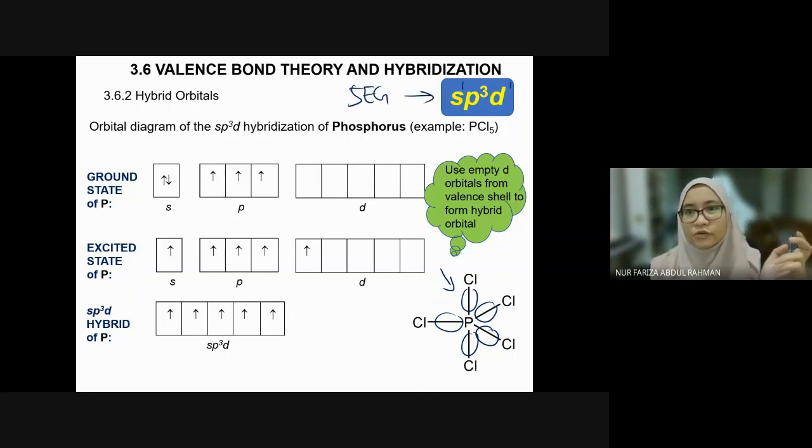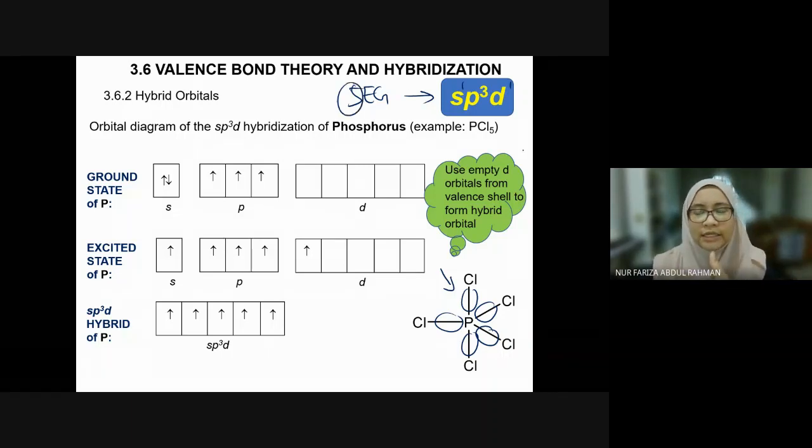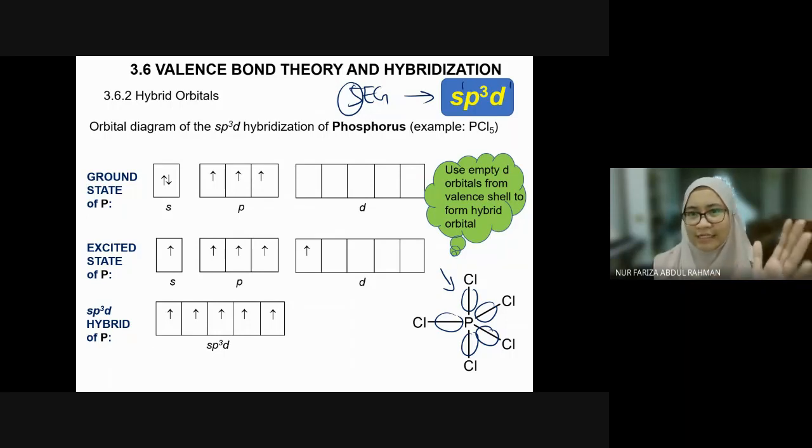Once again, there is no sp4, sp5 and so on. It should be sp3. The maximum for p would be 3, sp3, and then we go for d: d1, d2. So far we have a maximum of d2. We don't have d3. Okay?